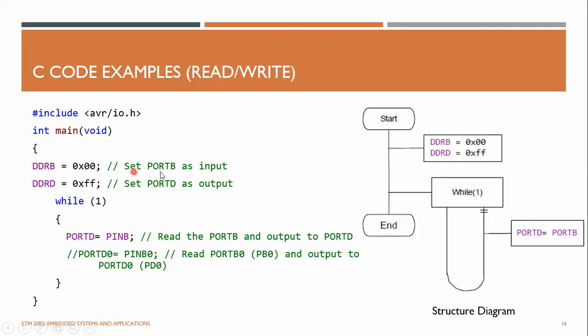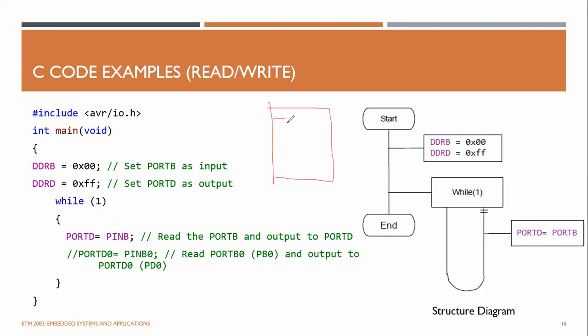DDRB is where you set PORTB as input and PORTD as output, and copy the PORTB value by reading PINB. PINB means read that port B and copy it to PORTD, right? So the application would be something like that.